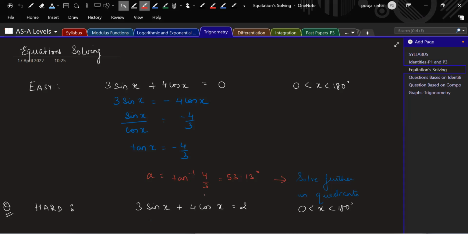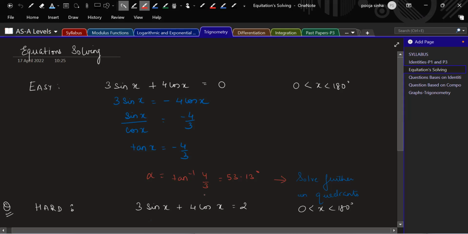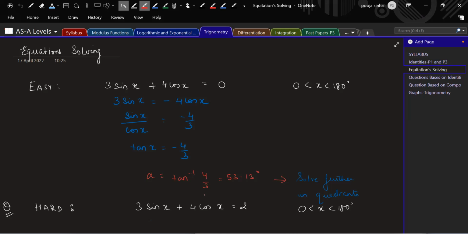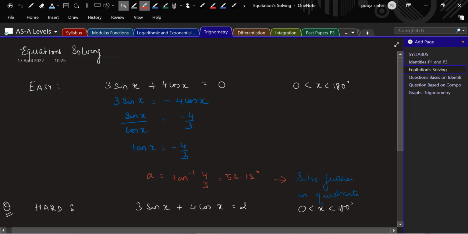Okay. So then we'll take tan inverse of 4 upon 3. Then? Do we need it in degrees or radians? Because our domain here is given in degrees, so we are going to go ahead with degrees only.